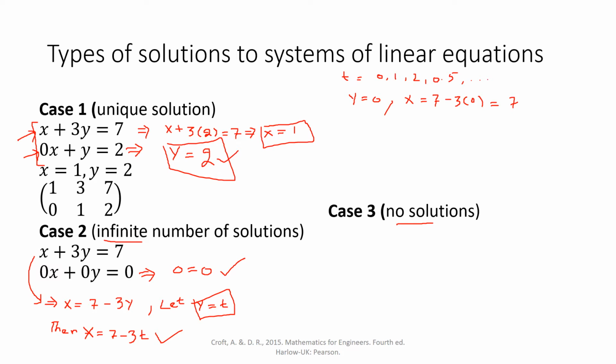If I take t as 1, then x equals 7 minus 3 times 1, which equals 4.